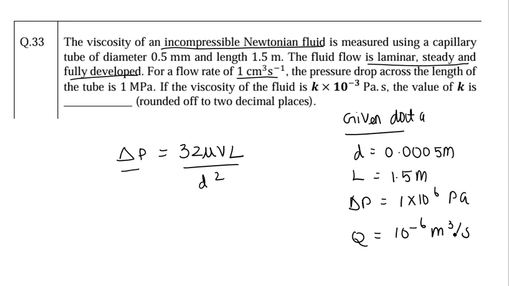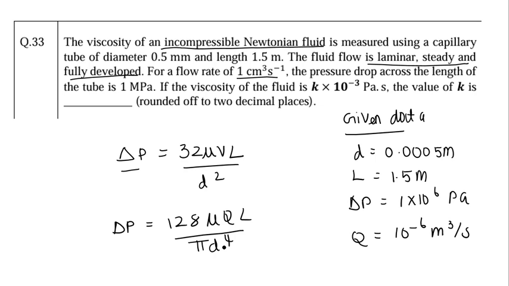Instead of calculating V from Q, we can directly go to the Hagen-Poiseuille formula in terms of flow rate. What is that? Del P is equal to 128 mu Q L divided by pi D to the power 4.